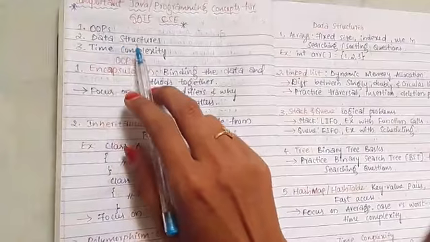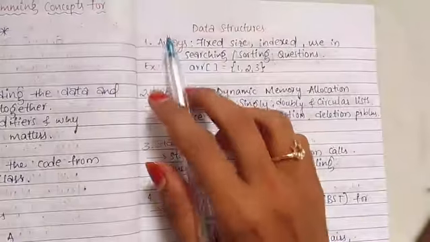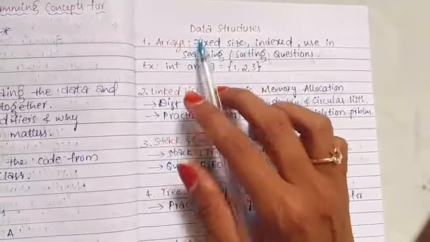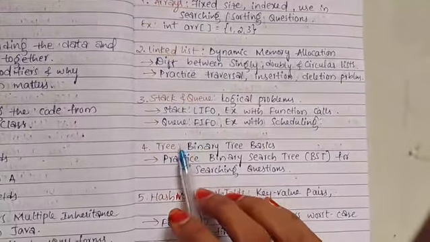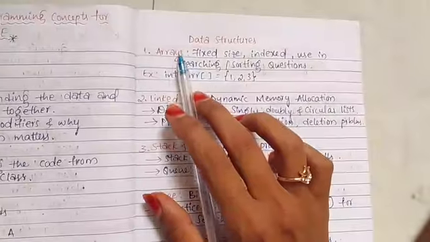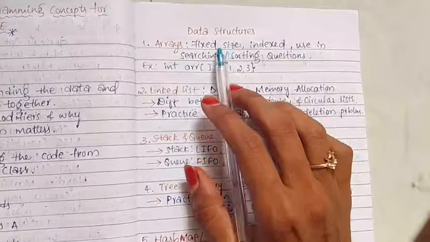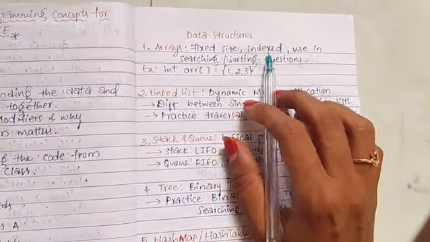The second one is data structures. In data structures we have arrays, linked lists, stacks and queues, trees, and hash map or hash table. Let us start with arrays. An array has a fixed size and it is indexed.